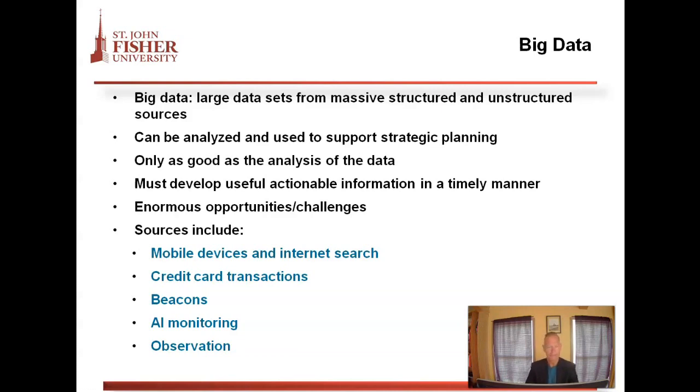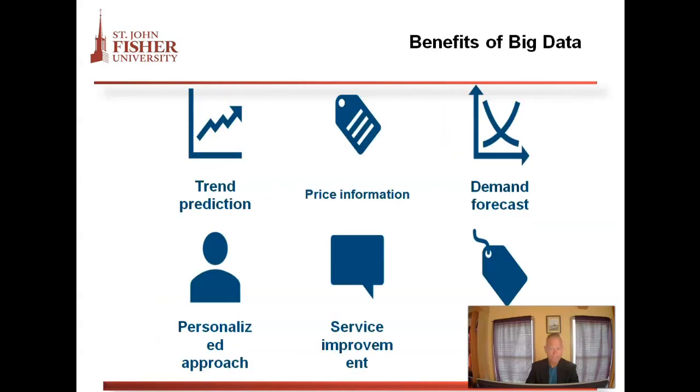Data analytics is a very huge field right now in the business world, and especially marketing analytics, because so much data is out there. So mobile devices and internet searches are sources of big data. Loyalty cards, credit card transactions, beacons, anything like that are sources of big data.